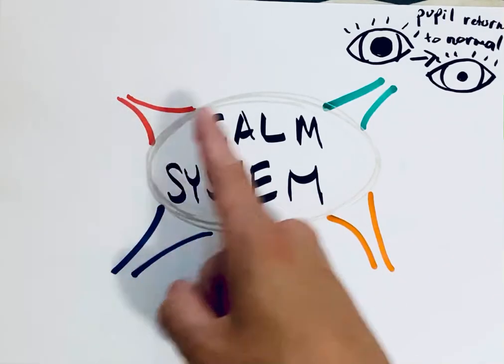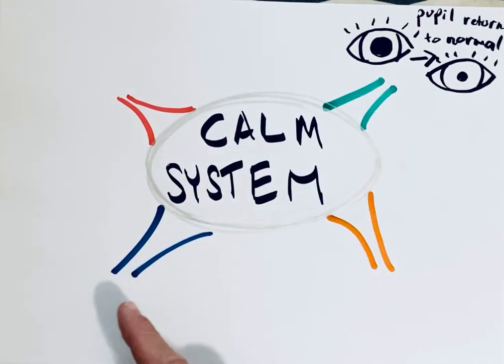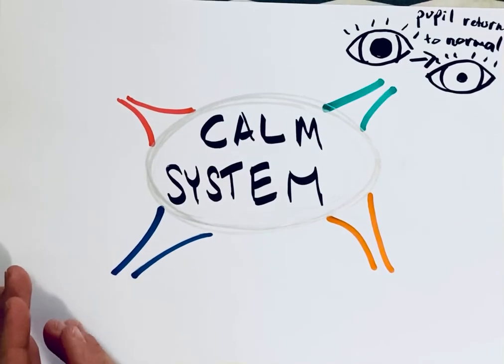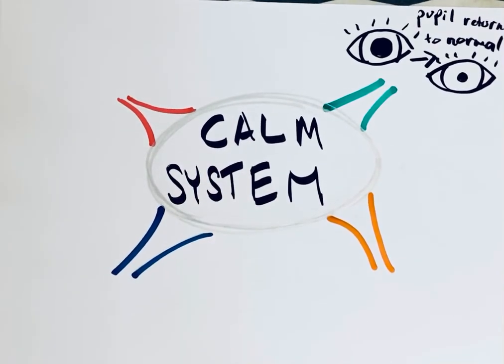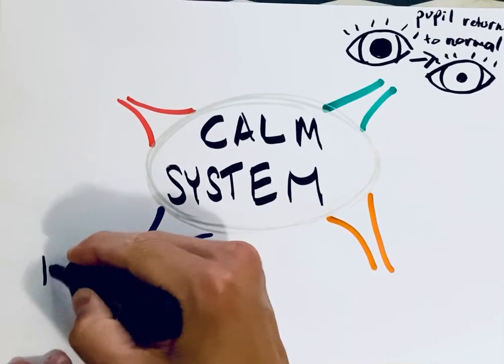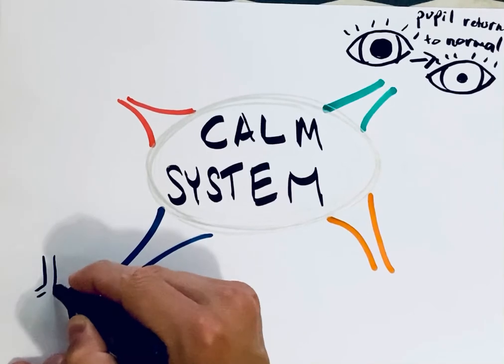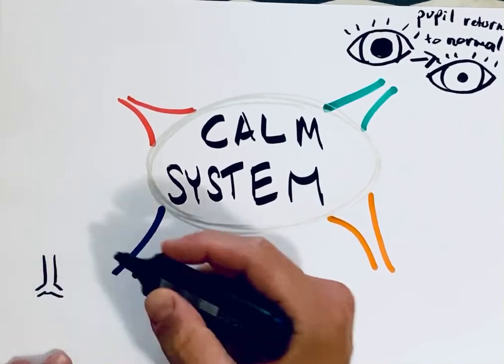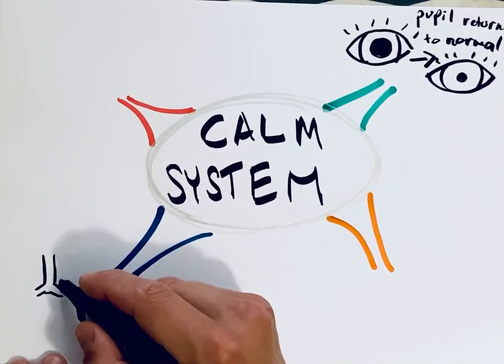We have also, the last time we did the second one was the breathing. So let's go to the breathing again. The breath becomes slower and deeper. So let's draw our lungs like we did last time. That's the symbol that I associate with breathing. You can draw whatever symbol you like, but I enjoy drawing this symbol.